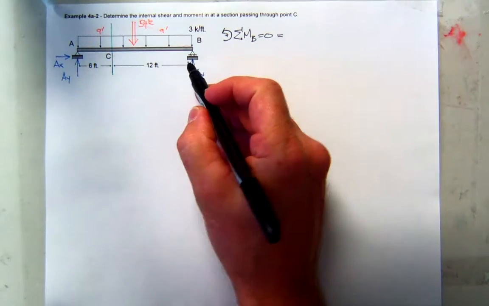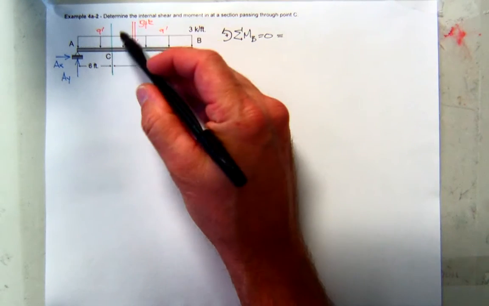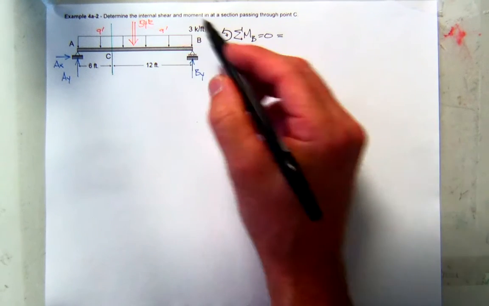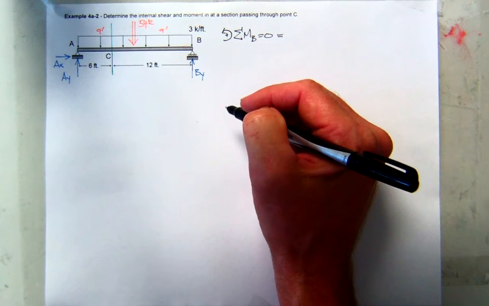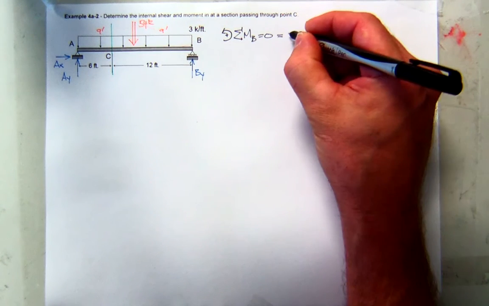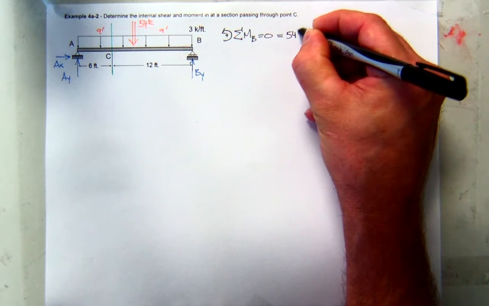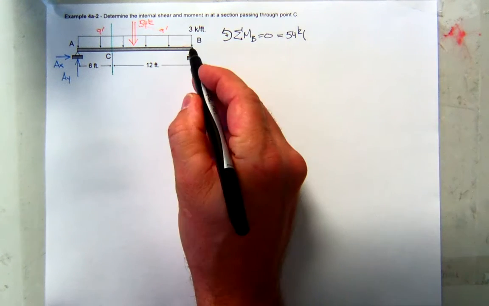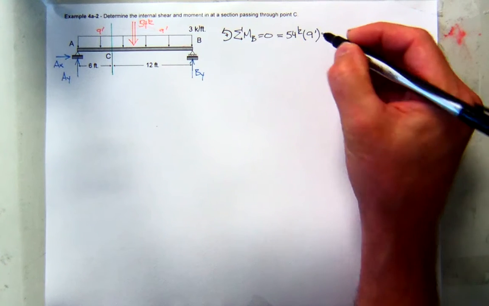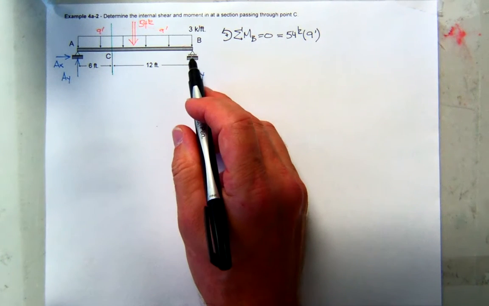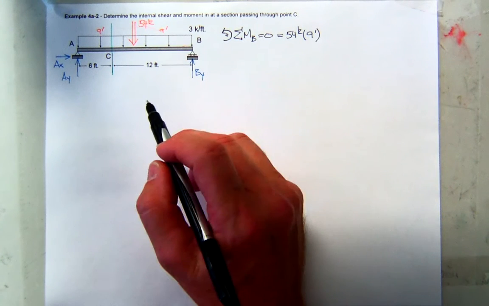So when I sum moments about B, this equivalent force, 54 kips, is going to create what kind of moment about B with my sign convention? It looks like it's going to be positive. The force is 54 kips, and the distance from B to the centroid is 9. So there's the moment about B created by the distributed load.